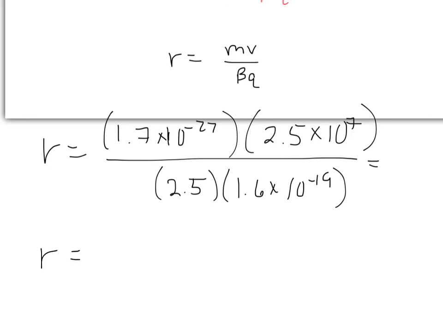What do you got for R? 2.72 times 10 to the negative 39. Did you put your denominator in parentheses when you divided? You need to put the whole denominator in parentheses, remember? 9.4.